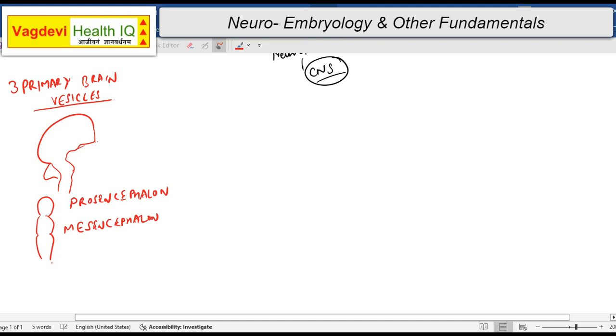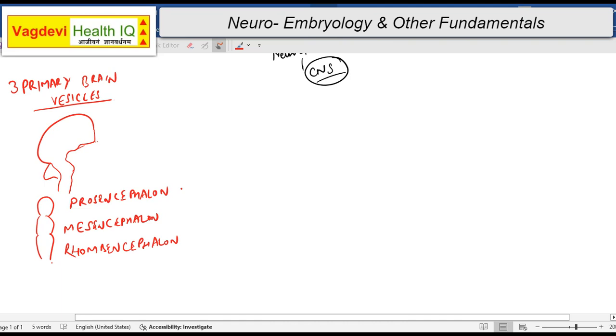Mesencephalon. Okay, and the third one we are going to see is rhombencephalon. Okay, rhombencephalon.